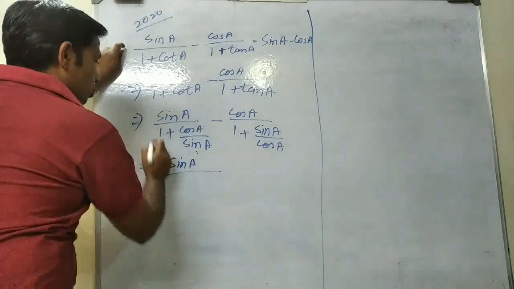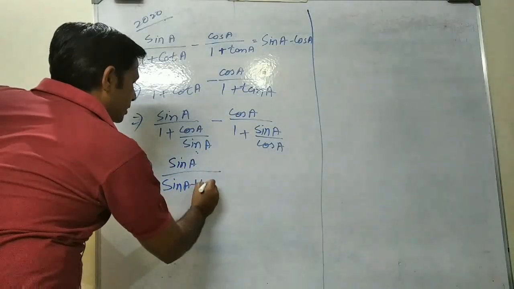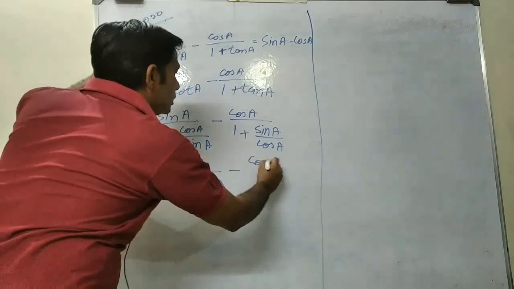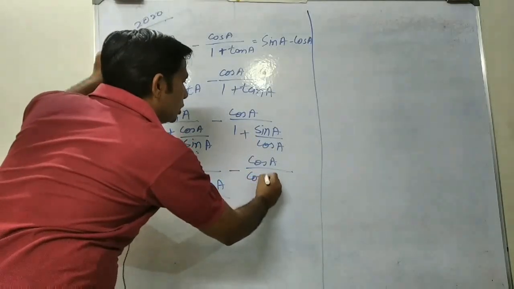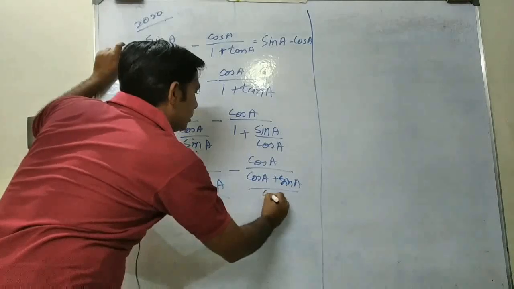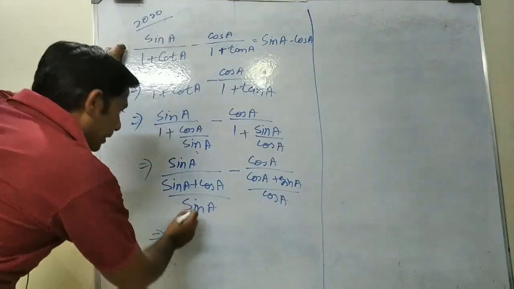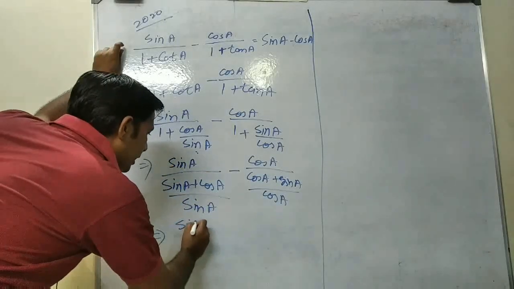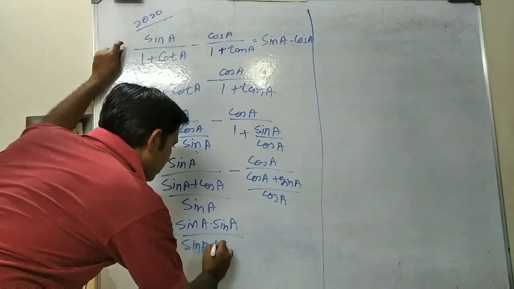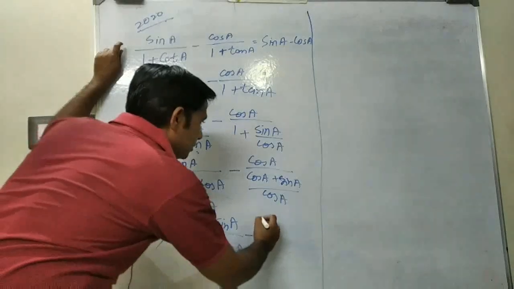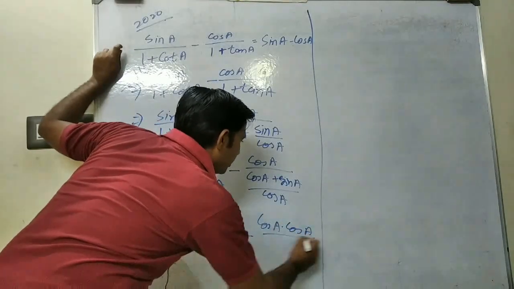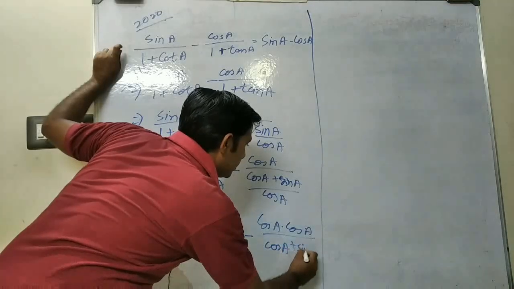We have taken the LCM of sin A, so 1 into sin A is equal to sin A plus cos A by sin A, minus cos A by cos A will be the LCM, so 1 into cos A is equal to cos A plus sin A by cos A. Again we will write here sin A multiplied with sin A, so sin A into sin A by sin A plus cos A, minus cos A will come here and it will be multiplied by cos A, so cos A into cos A by cos A plus sin A.